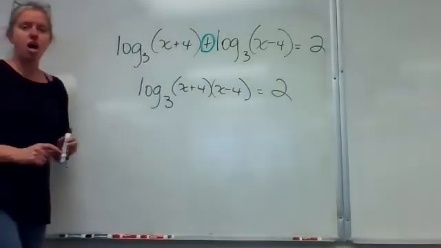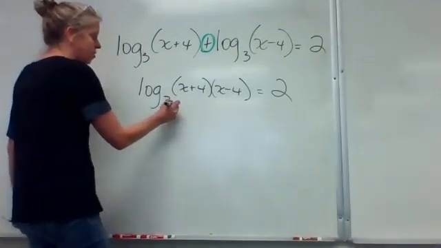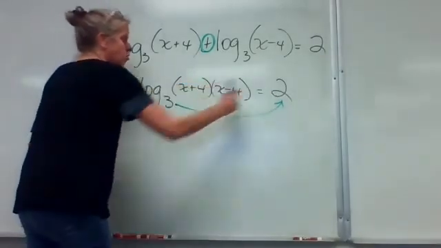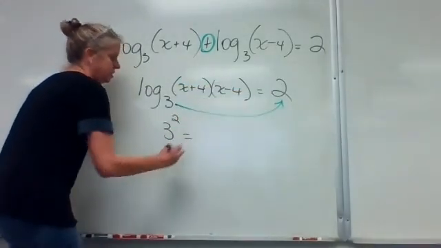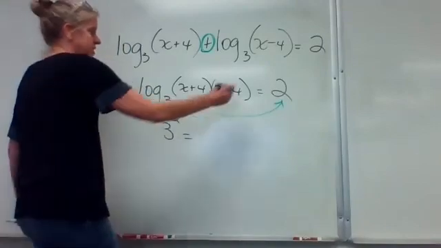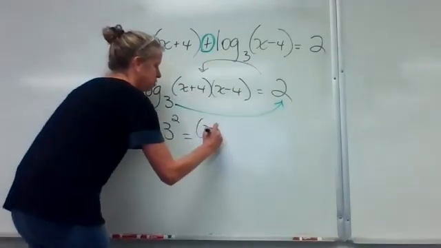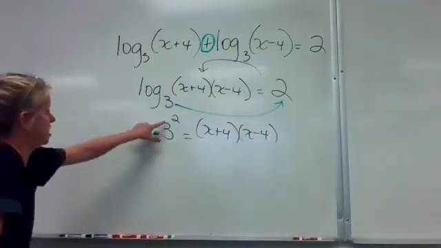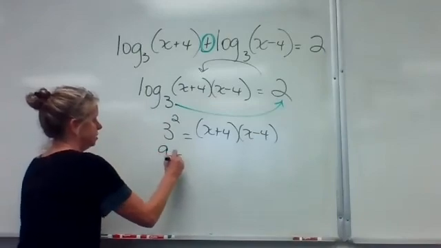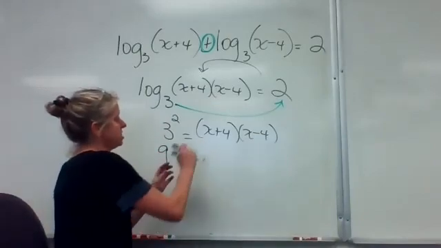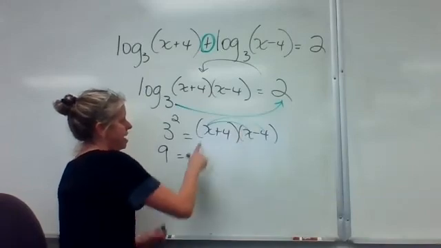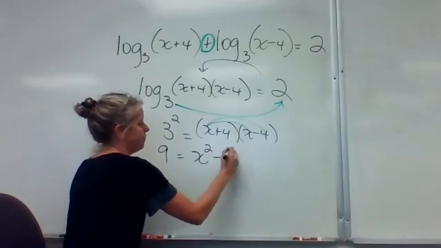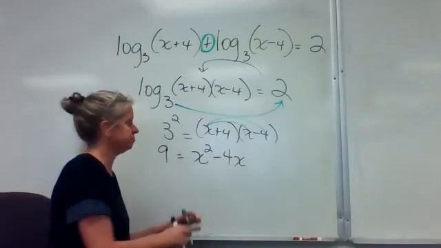So I only have a single logarithm. When you just have the single logarithm, you turn it into exponential. So 3 squared equals what's in this position, all this, (x plus 4)(x minus 4). So now let's see, 3 squared is 9. When I multiply this together, x times x gives me x squared. x times negative 4 is negative 4x.